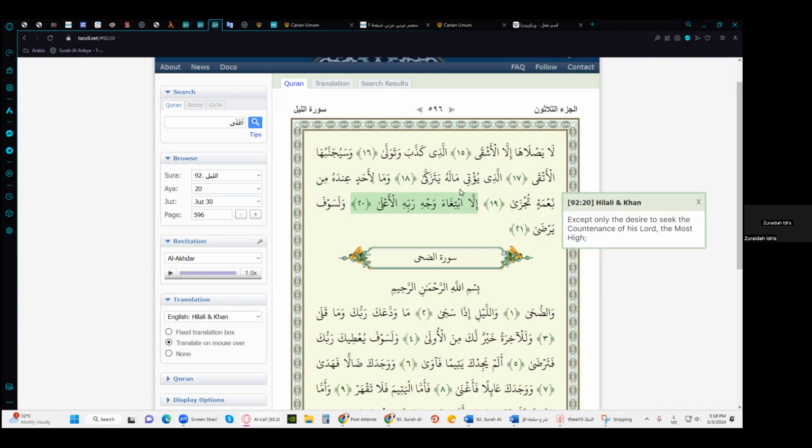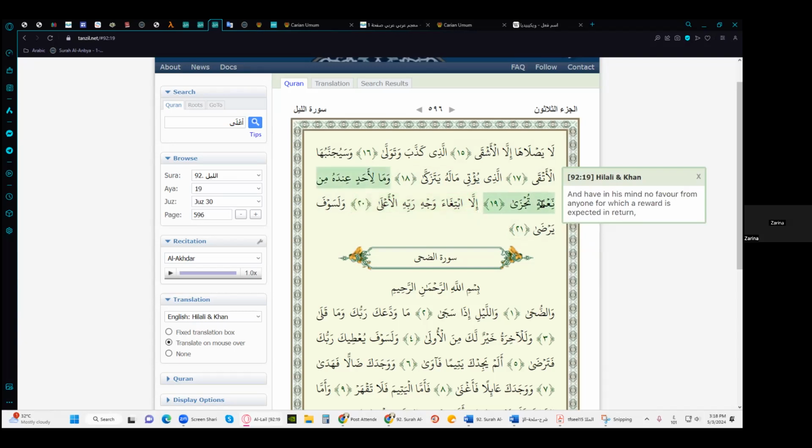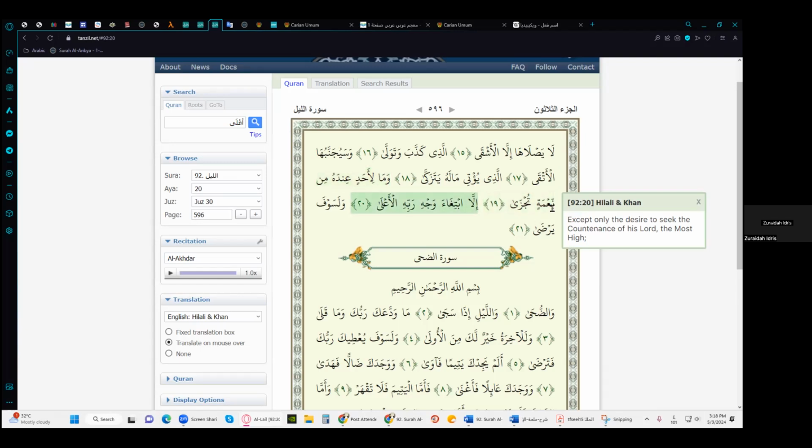Does it belong to ni'mah, favors? To desire doesn't belong to favors, does it? That's quite obvious. Favors are things that Allah has granted you. So this is a form of mustasna.